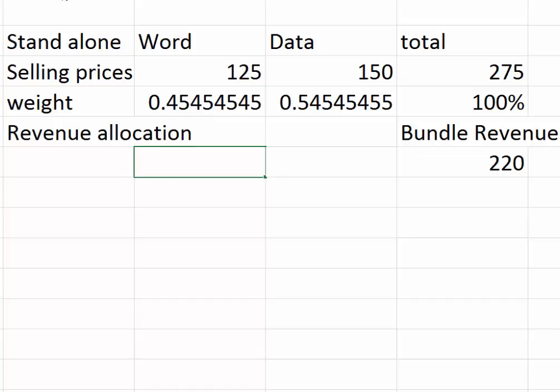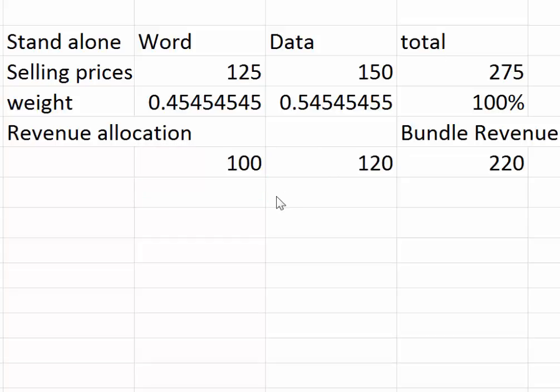Basically, you multiply 220 by this ratio, that's how you get 100, and then you multiply 220 by this number, that's how you get 120. That's how you allocate the revenues if you use selling prices as weight.